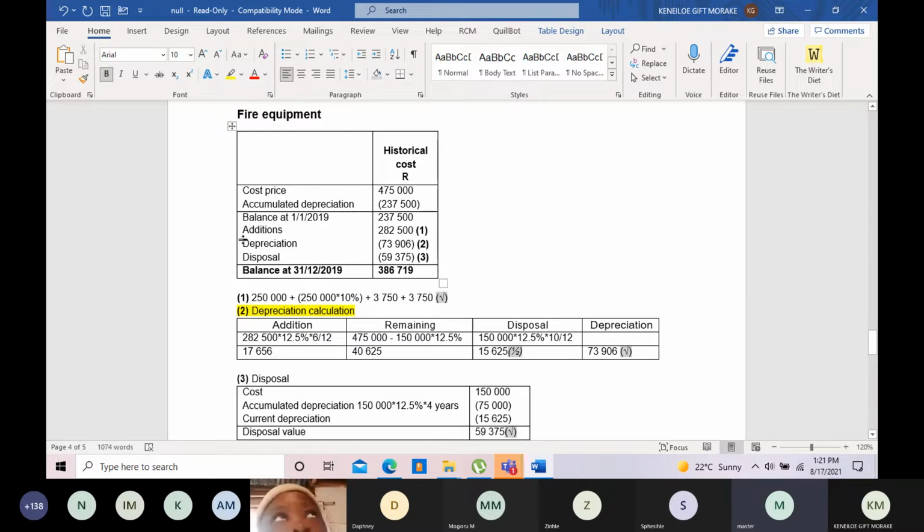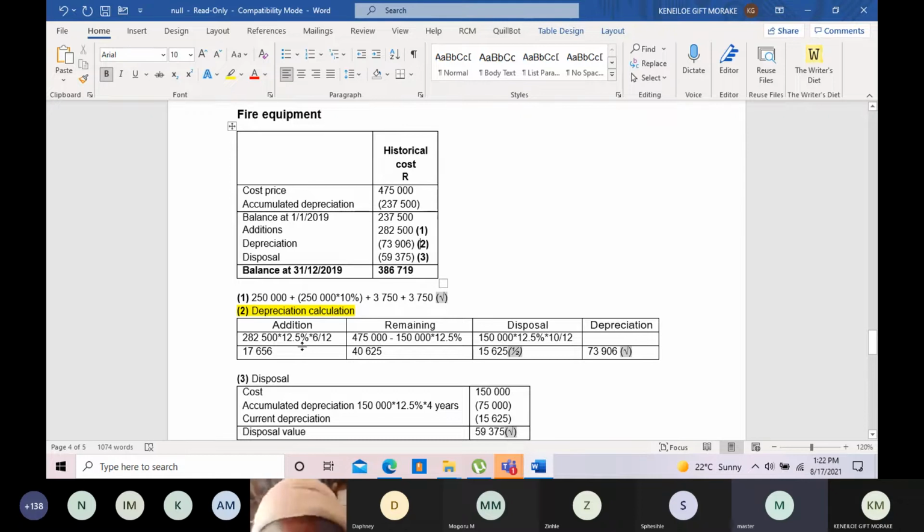Now I'm showing you how to get the depreciation, where you have the additions, balance at the beginning, and also the disposals at the same time. How to calculate the correct amount of depreciation? Look at this one and pay attention. On 282,500, we applied the 12.5% and also 6 over 12, because this one was purchased on the 1st of July.